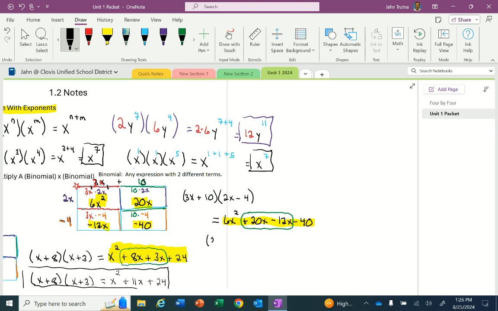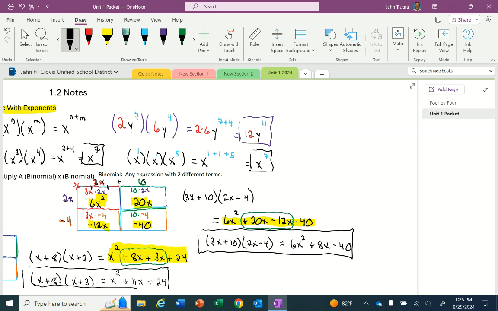So this tells me that when I take the binomial 3x plus 10 and multiply it with the binomial 2x minus 4, it is equal to 6x squared, positive 20x minus 12x becomes positive 8x, 20 minus 12 is 8, minus 40. And that's my solution that I'm working towards right there, okay?